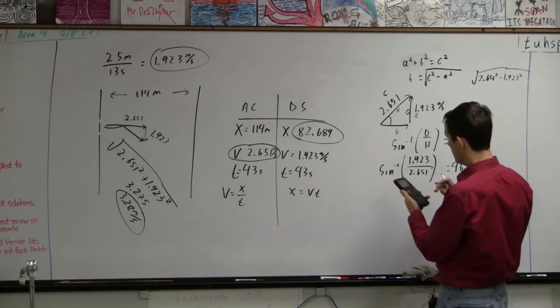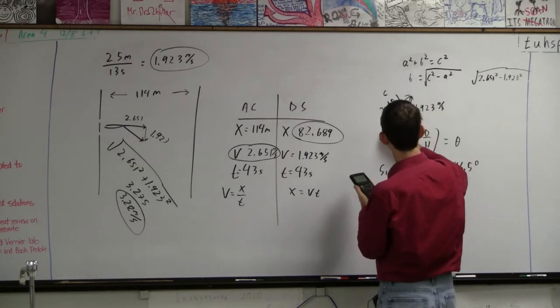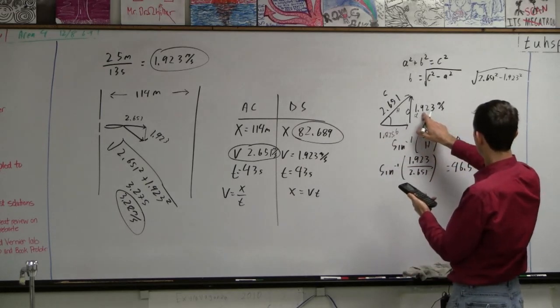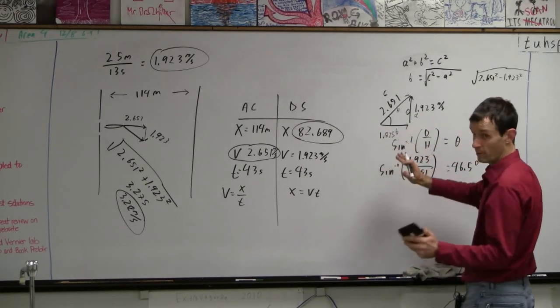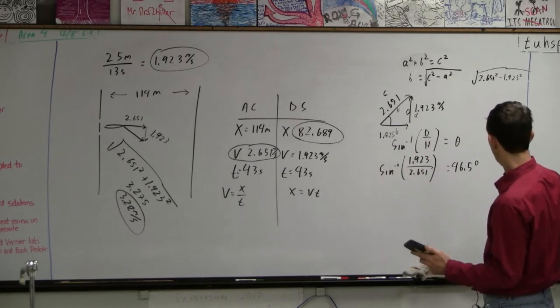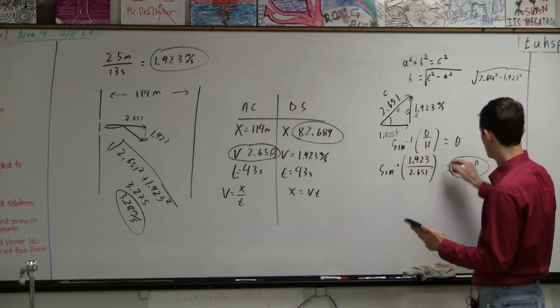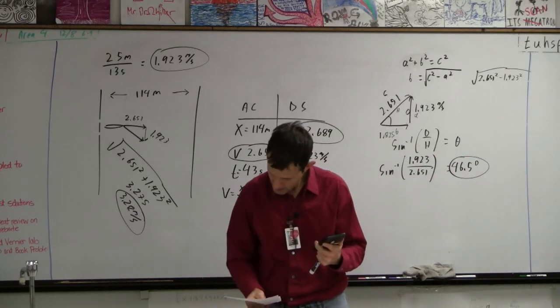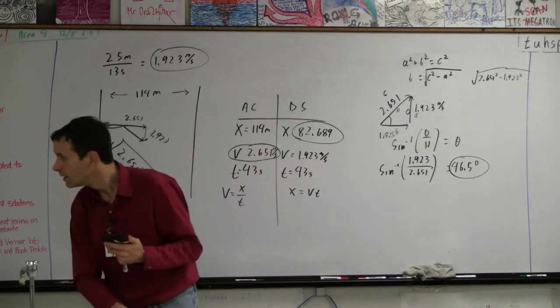Find that other side. It's 1.825. And now I can use inverse tangent of this divided by this, the same way we always have found angles. But there it is, 46.5, and we get that same angle. Alrighty.